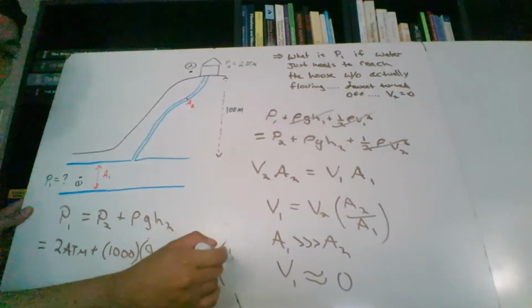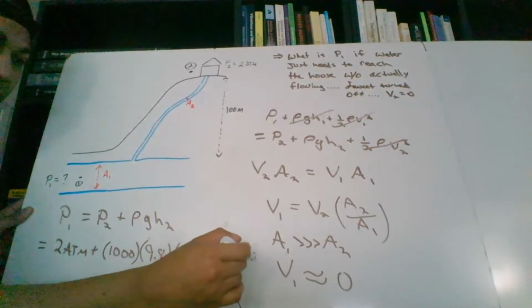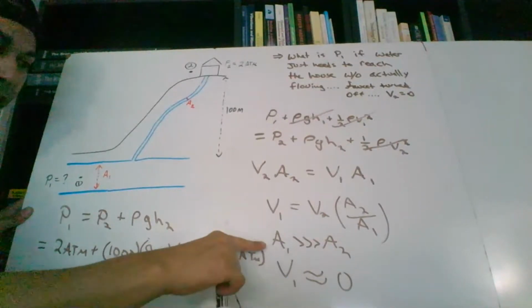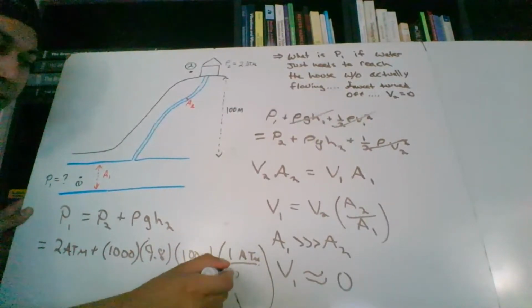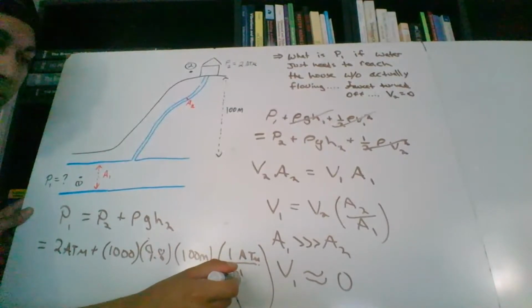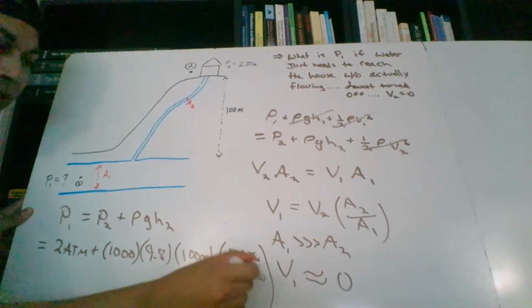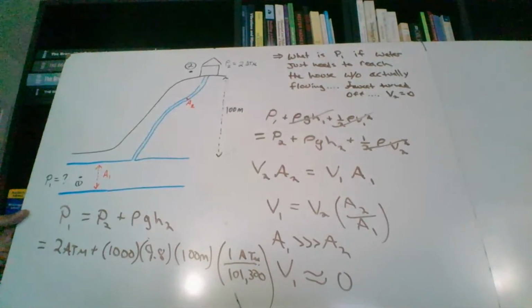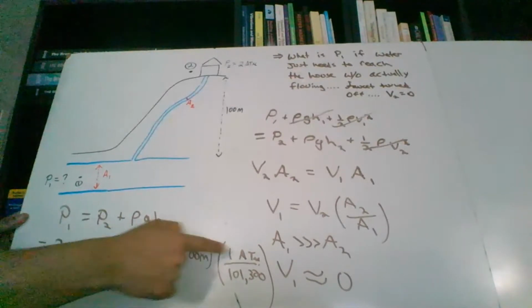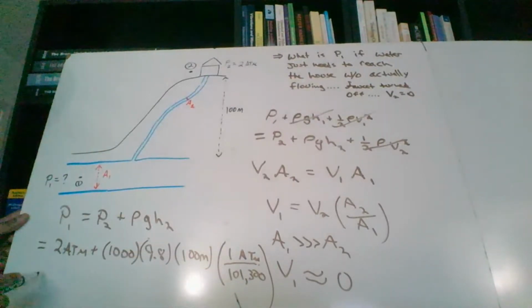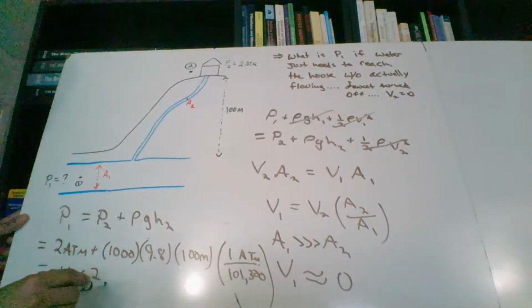We do that by saying 1 ATM is equal to 101,300 Pascals, or Newtons per meter squared. If we do that, then this and the Pascal here will cancel out, and you'll be left with ATMs. And the value you will get is 11.6267 atmospheric units.